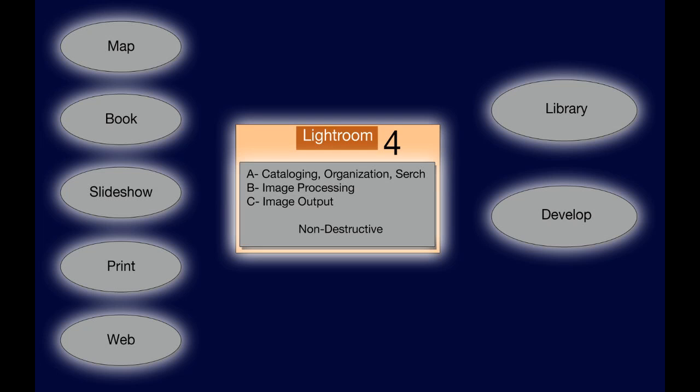And then last but not least, we have the web module. And once again, it has presets. It can be automatic, or you can give it the detail that you want, and it's going to output from that HTML or a flash gallery if that's what you want.